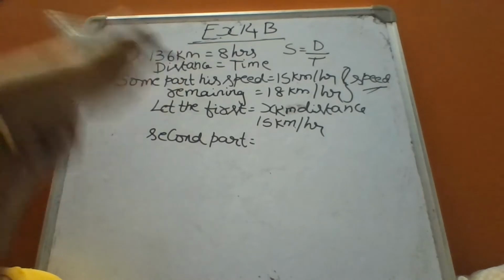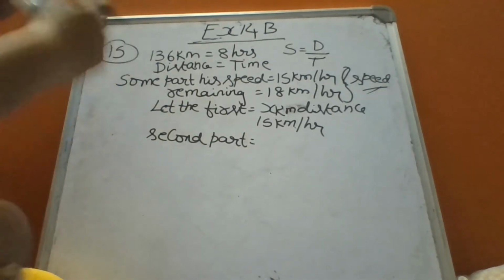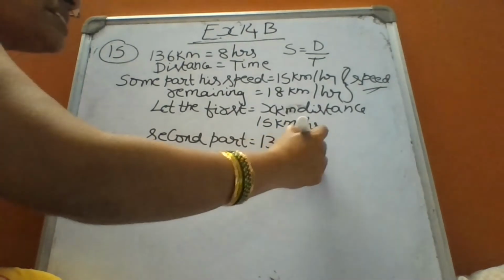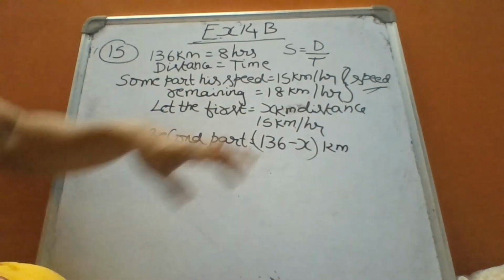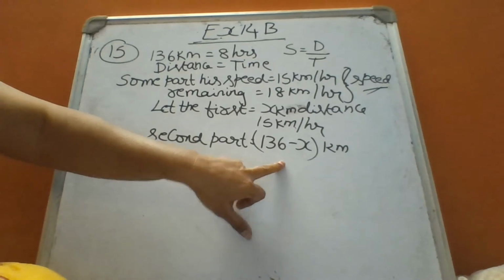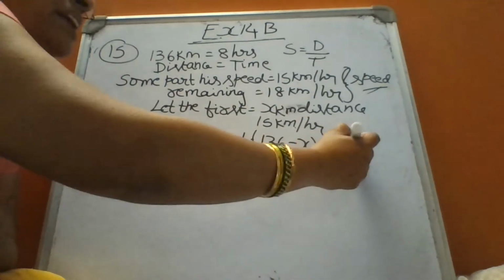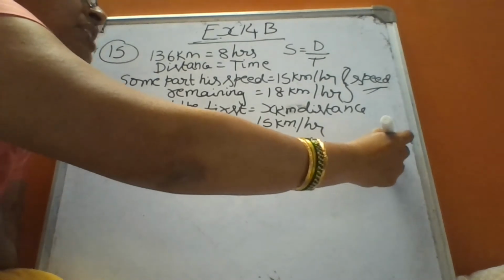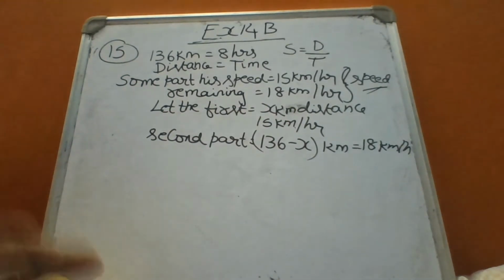Total is 136, some part is x, so the remaining part will be 136 minus x kilometer, that he is covering with the speed of 18 kilometer per hour. Is it clear till here?